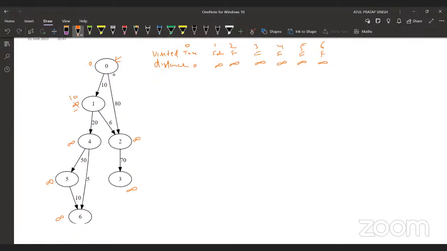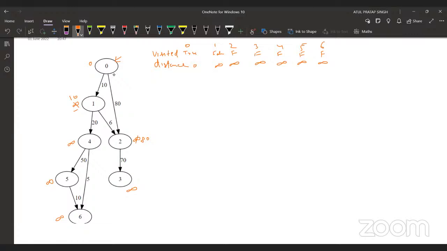Same thing for 0 to 2. The previous value is infinite, and we are coming from 0 to 2 by 80. So this 80 is less than infinite, so we will update this value to 80. Okay, so now these two values are updated in our table, and we can mark this information here.